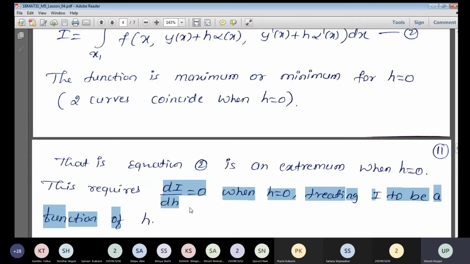If some function is given, how to find the maximum or minimum of that? Anybody? F of x is some function, anything it may be. How will you find maximum or minimum? What is the first step you have to do there?